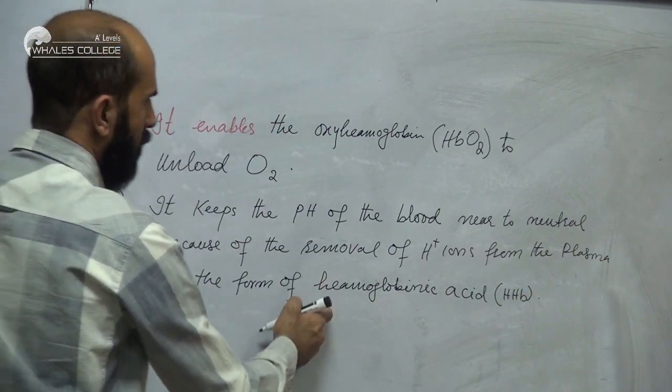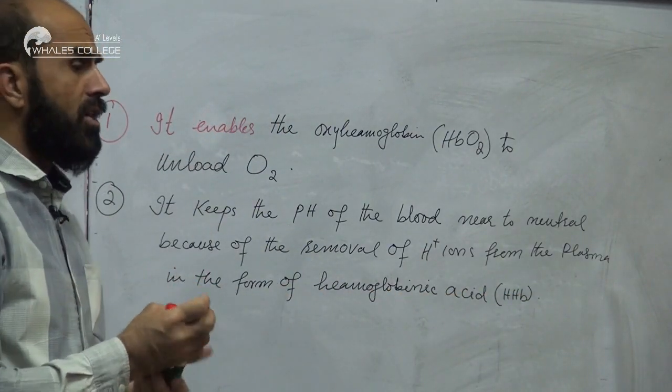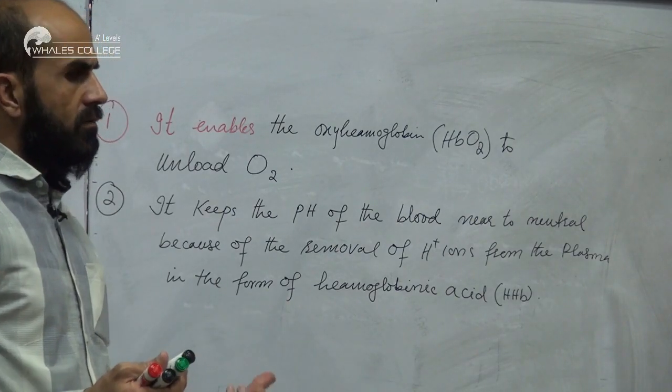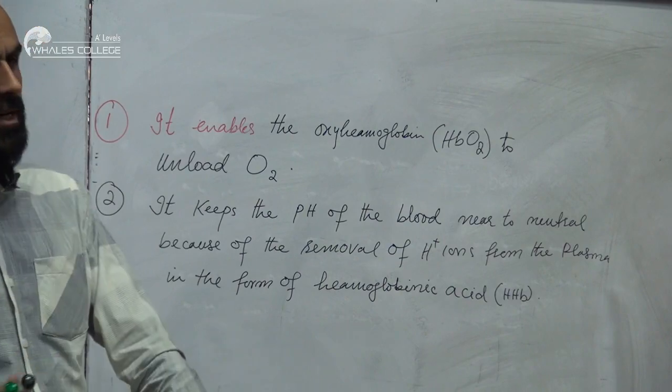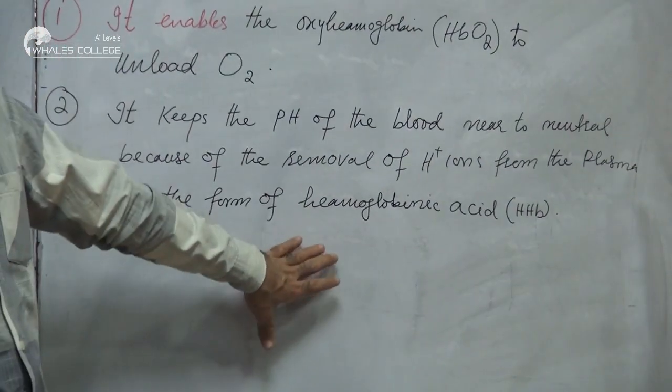Keep in mind, hemoglobinic acid is a compound, and hydrogen is not in the form of ions, so it does not have acidic properties, it's not like an acid.